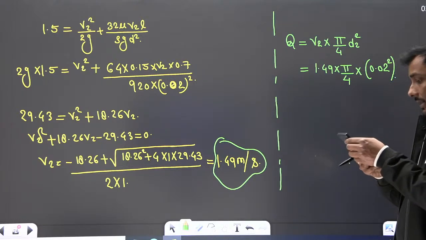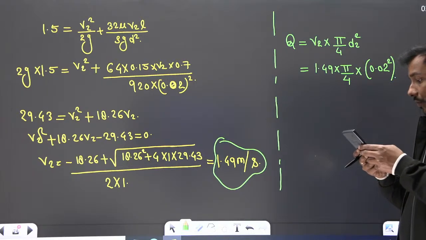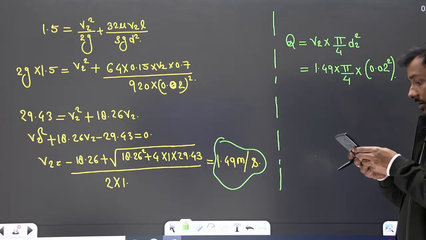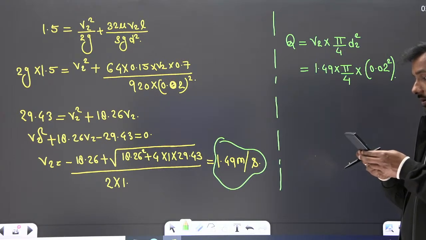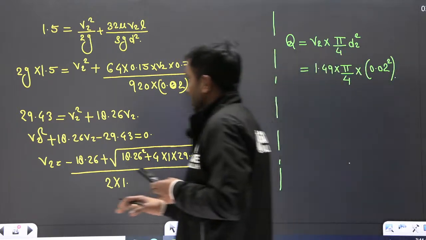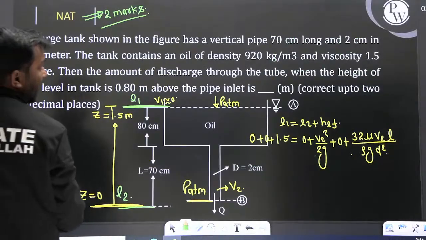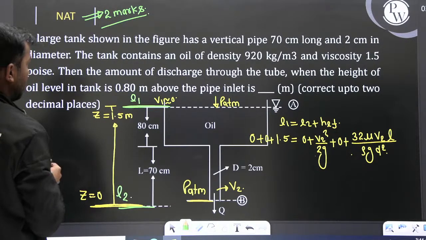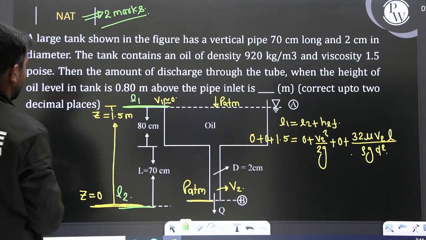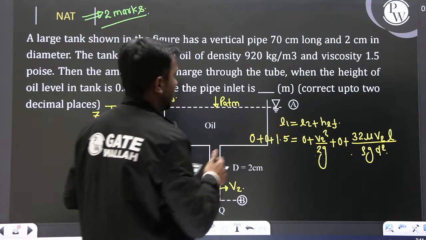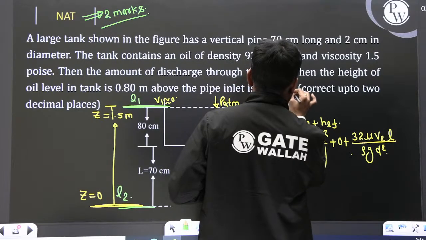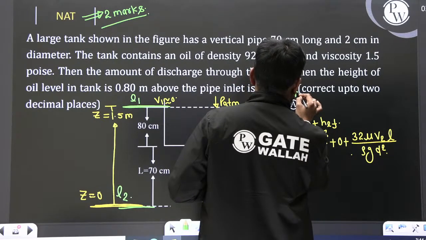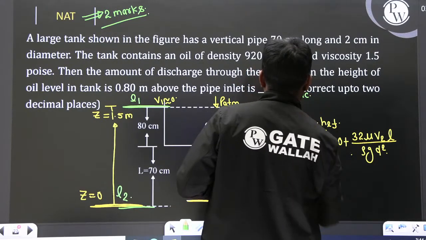So this multiplied by pi divided by 4 multiplied by 0.02 squared. That is not in meter cube per second, that is in liter per second.